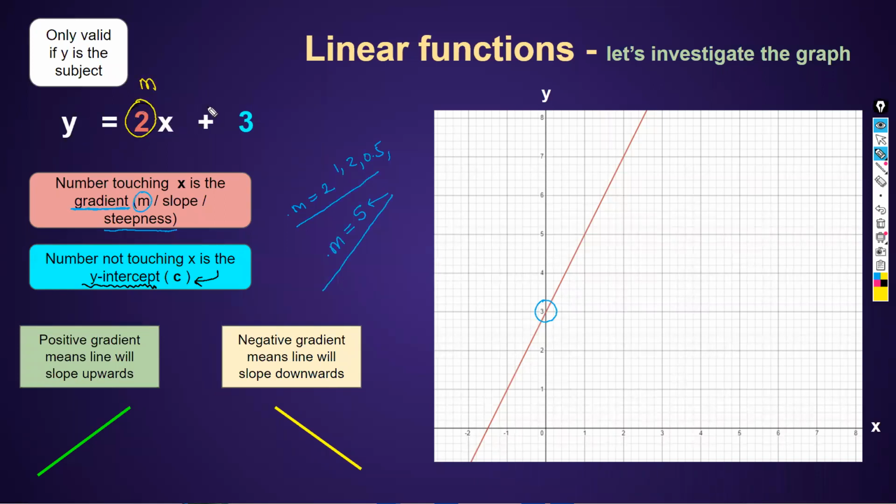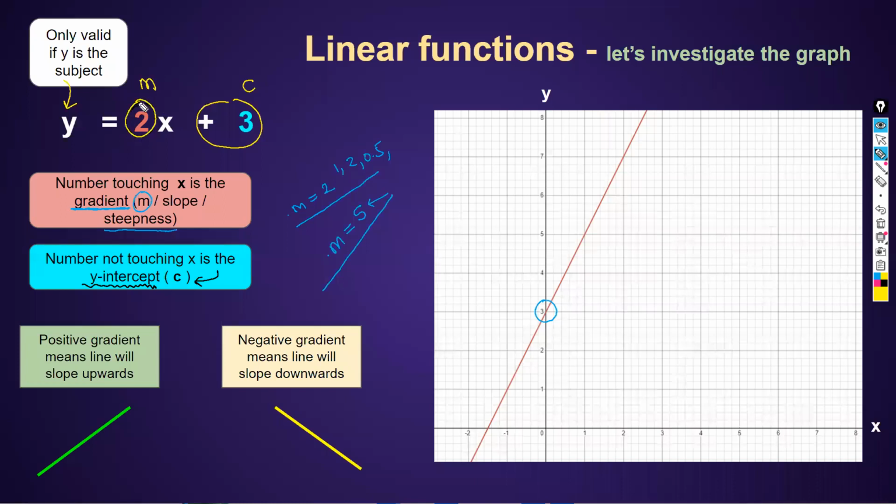And whoever is not touching x is the y-intercept. Remember, M is for gradient, C is for y-intercept. However, this only works if y is the subject, which means y needs to be on one side and everyone else needs to be on the other side.